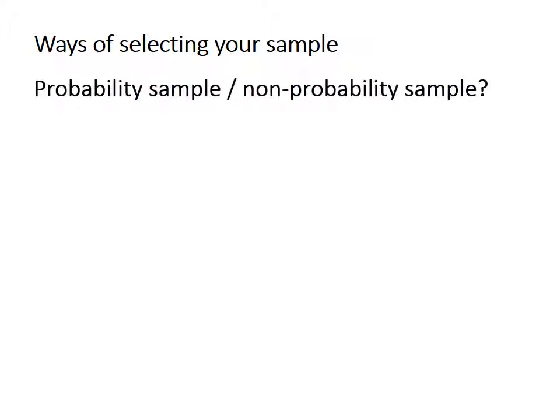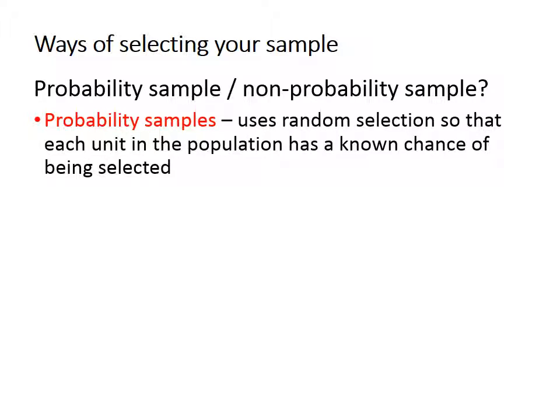So how do you select your sample? We have two different categories. We have probability sampling and non-probability sampling. Probability sampling uses random selection so that there's an equal chance of an individual being selected.